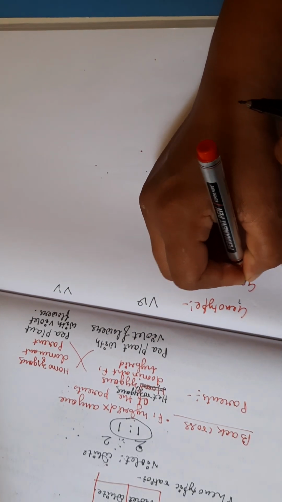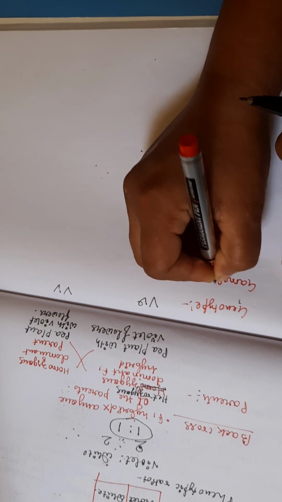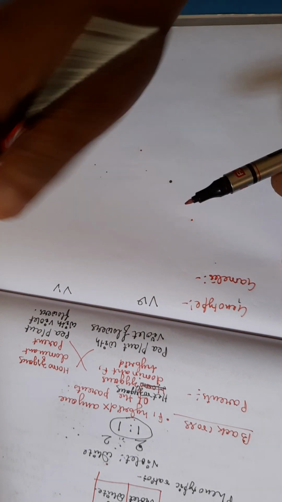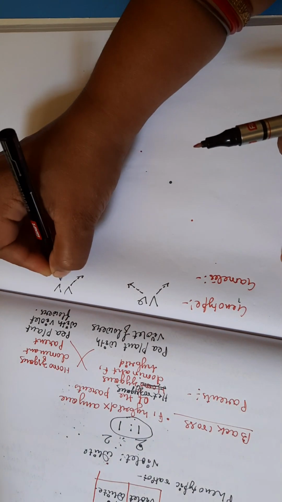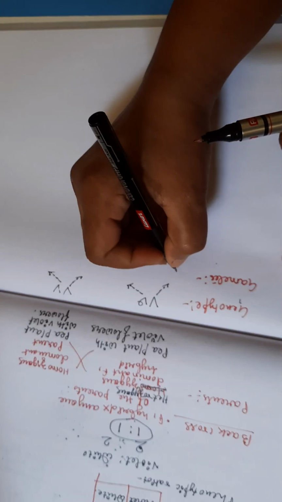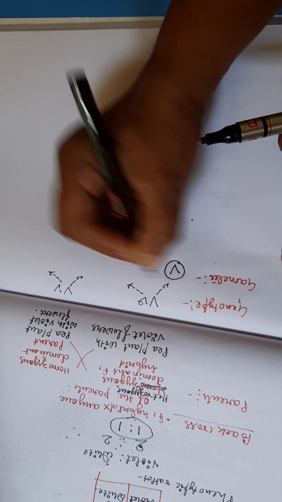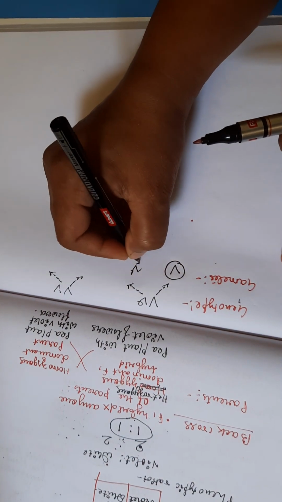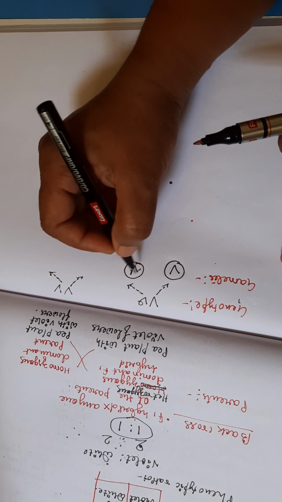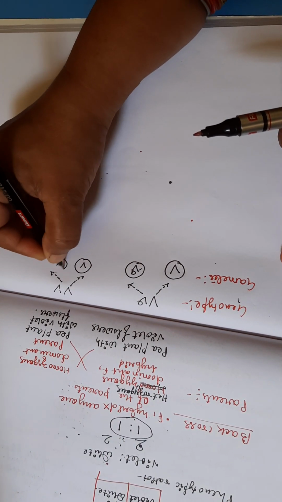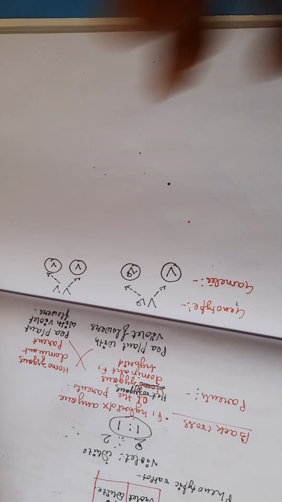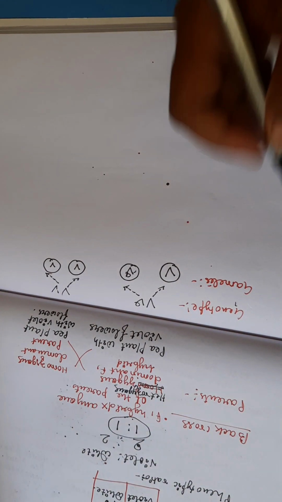So here the gametes: this capital V will separate from this small v, and this capital V will separate from this capital V. So 50% of pollen grains will receive this gene, and the other 50% of pollen grains will receive the recessive allele. All the ovules will be of one type because the plant is homozygous for the trait.